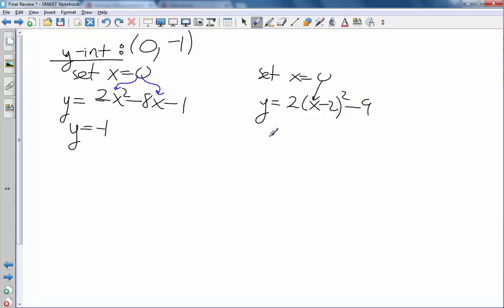Set x equals 0 here. 0 minus 2 is minus 2 squared, it's 4. 4 times 2 is 8. 8 minus 9, negative 1. Same answer. Okay?